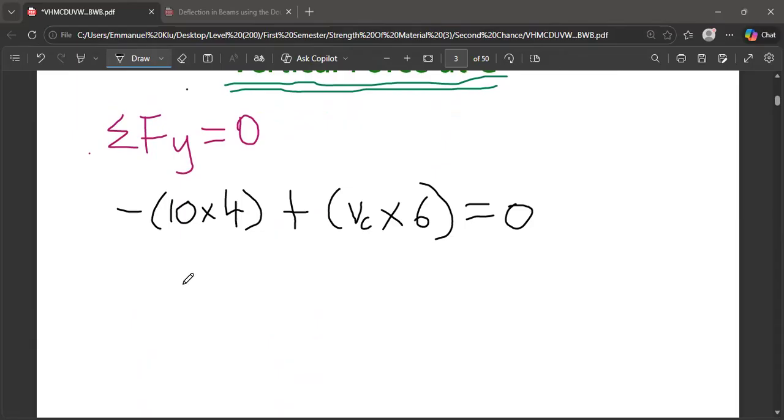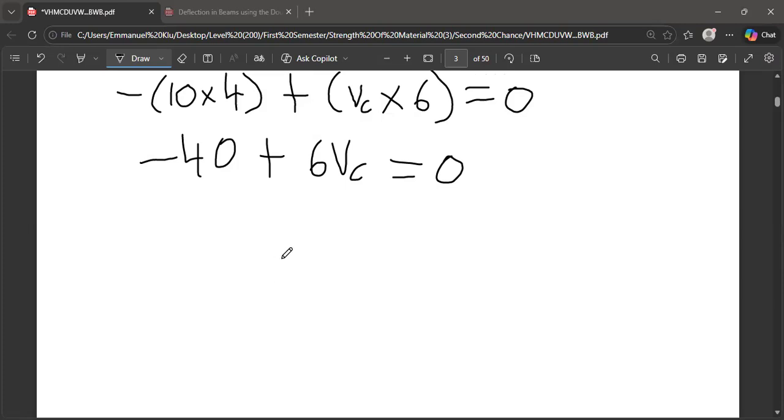But before that, let's simplify this. This is going to give us what? Negative 40. Negative 40 plus 6 VC is equal to 0. Okay. Finally, what can we say?